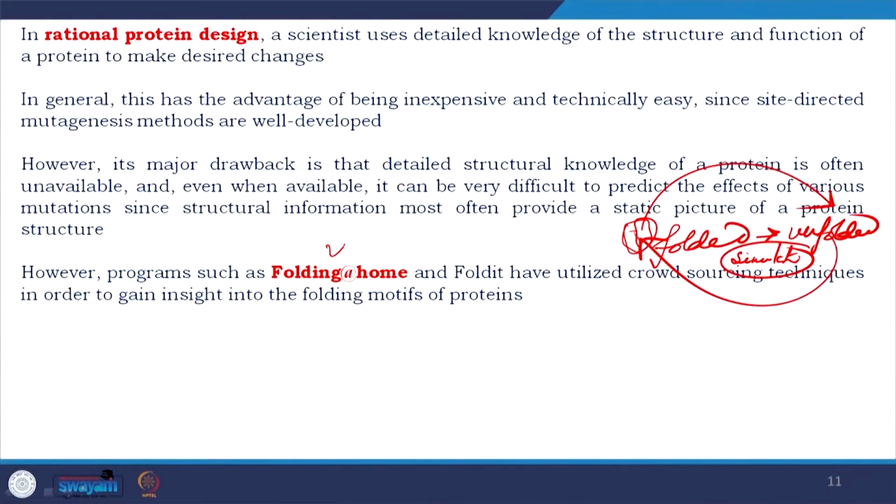But Folding@home by Vijay Pande is an amazing concept where people are giving access to their own personal computers when they are not using it. Also, Folding@home is taking the contribution of gamers. You know, gamers always have high performance computing.